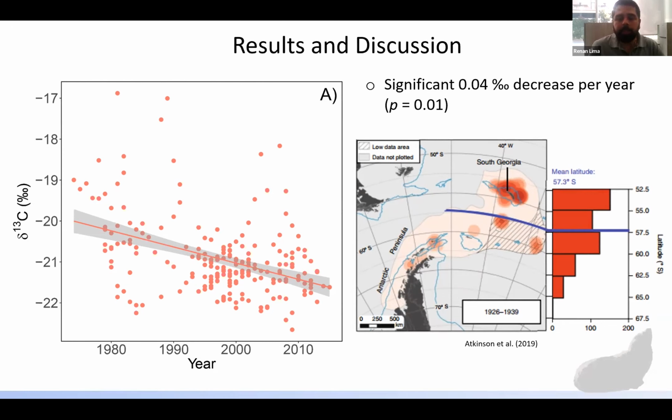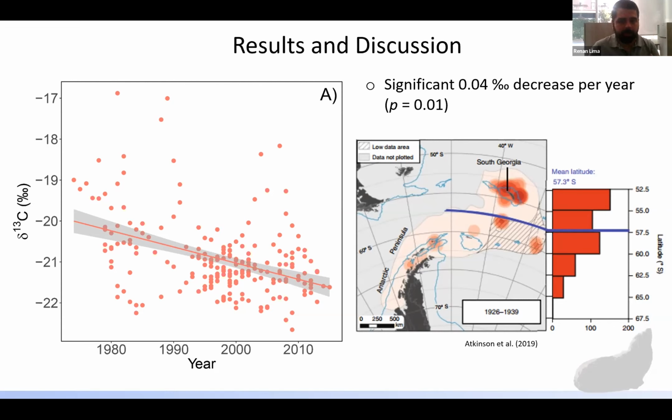And it's also unlikely that the switch between primary producer communities in some areas, such as the increase in cryptophytes and the decrease in diatoms, could have influenced Antarctic fur seals through direct baseline effects, since cryptophytes are a negligible prey species for krill, and the fish that are consumed by Antarctic fur seals are also krill-feeding species. So what's happening here? What's explaining this decrease in carbon values over time?